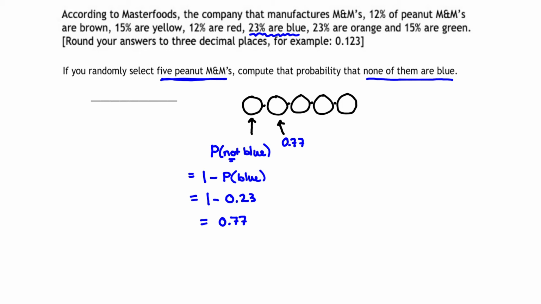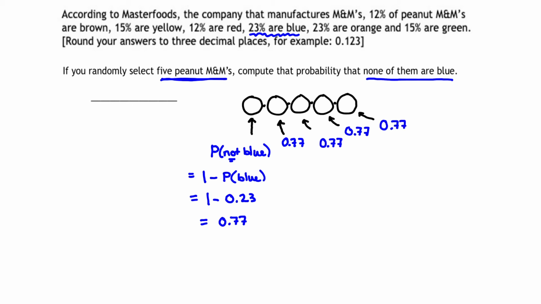The third one, the same thing, 0.77. And the fourth one, same thing. The probability that that's not blue is 0.77. And finally, the last one, the probability that that one is not blue is also going to be 0.77.